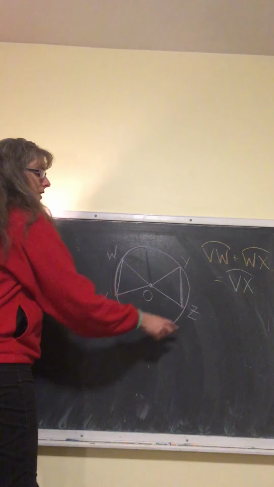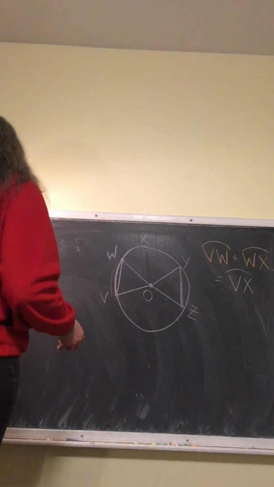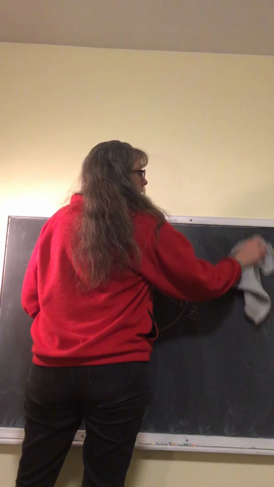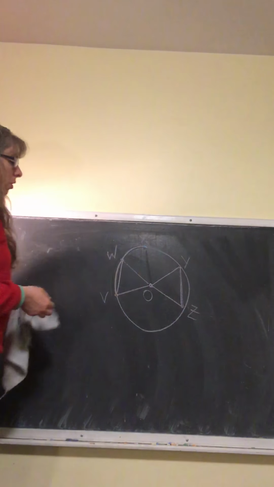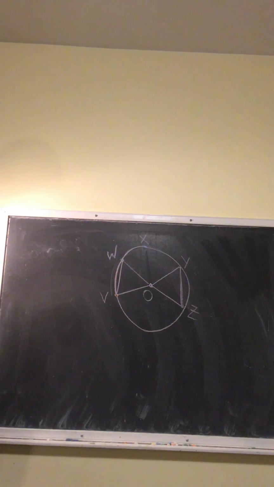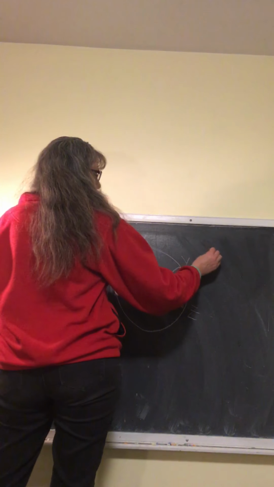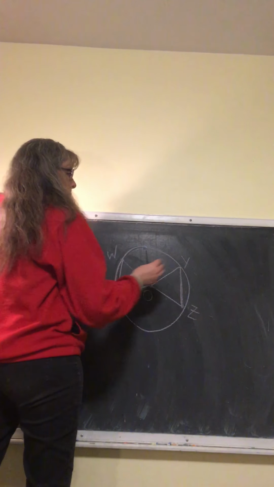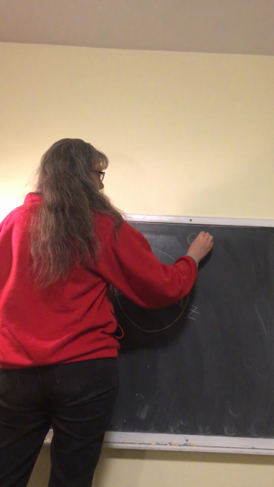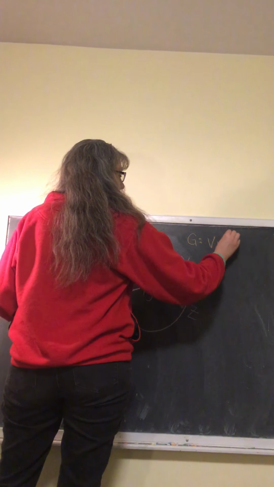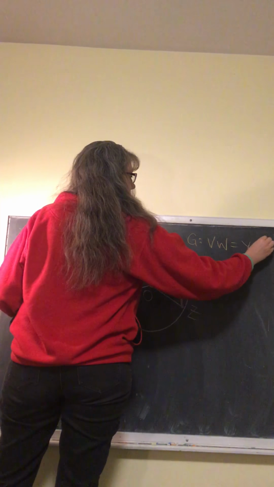VW and YZ are chords, not those arcs. I'm not talking about the arcs now. I'm talking about the line segments themselves. Now, our theorem says that equal chords have equal arcs. Let's look at that and see if we can prove how that is true. So we are given, I'm going to abbreviate with a G, that VW equals YZ.